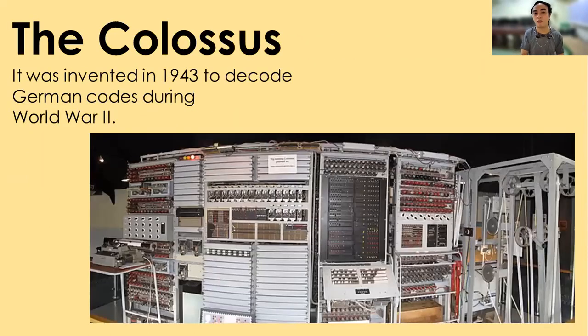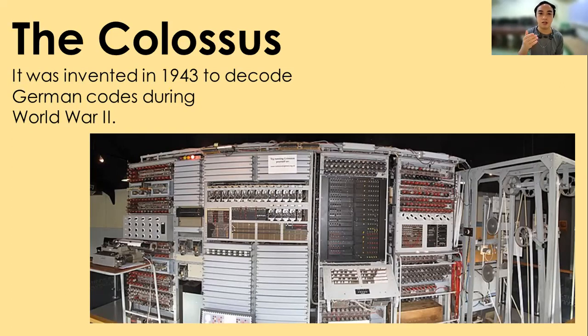Let's go to the Colossus. Colossus was invented in 1943 to decode German codes during World War II. German codes are codes that can be understood only by people who are German, and they are codes in computer.